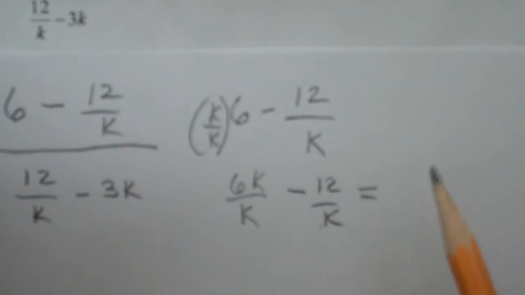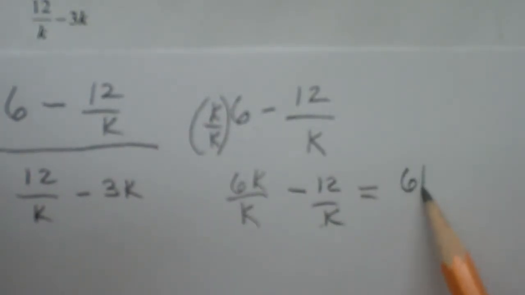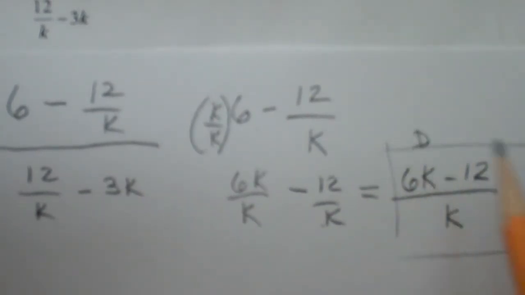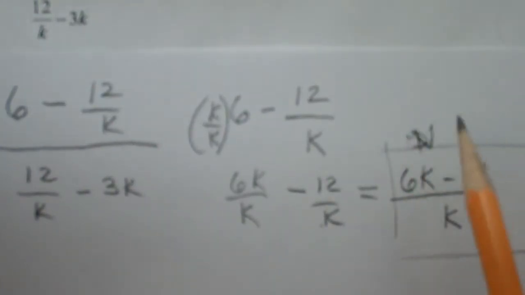So 6k minus 12. Well, those are not like terms, so we just write down 6k minus 12 here, and it's all over k. Well, we could factor this, but for now, let's leave it. We've found the numerator part of this. Okay, this is the numerator, the top part.